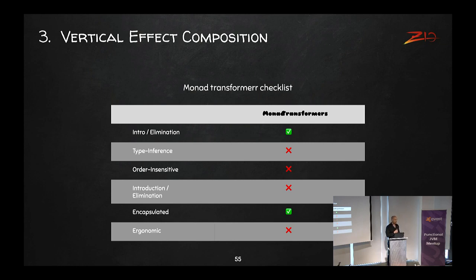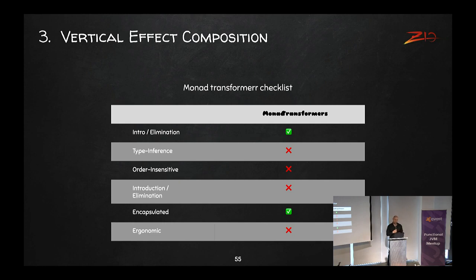And that's powerful. Also, importantly, monad transformers allow us to do local introduction and elimination of effects. We can introduce state and then eliminate it, which means we can hide implementation of one part of our code from other parts of the code.